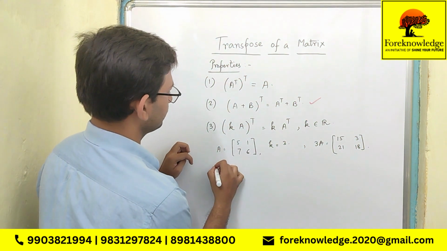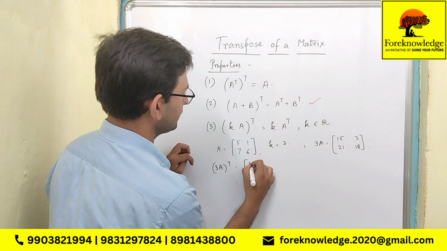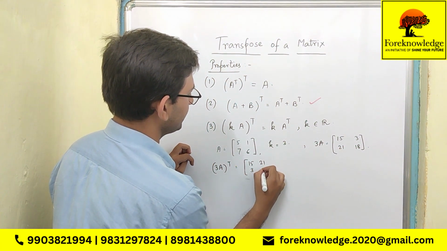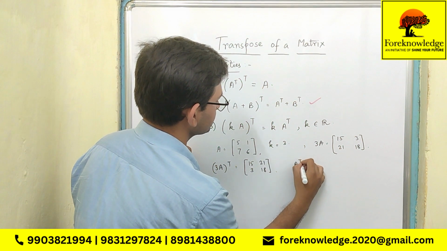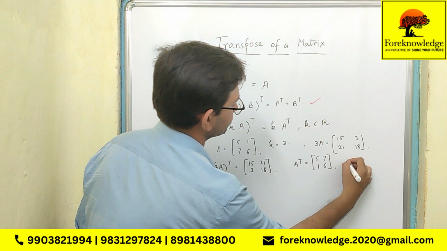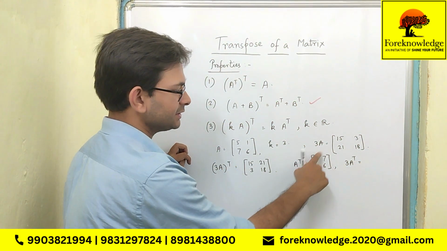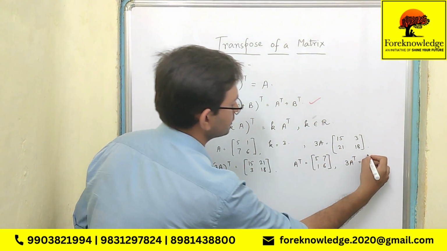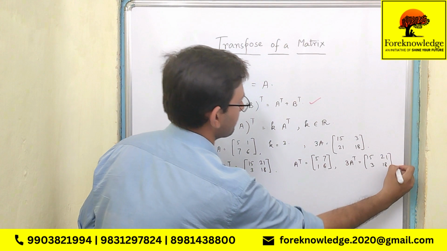Now 3 times A whole transpose is nothing but 15, 3, 21, 18 transposed. And what is A transpose? A transpose is 5, 7, 1, 6. So 3 times A transpose, just multiply A transpose with 3. So 15, 21, 3, 18.